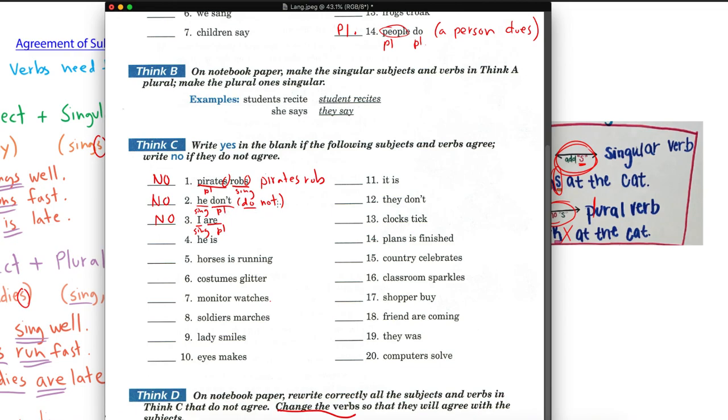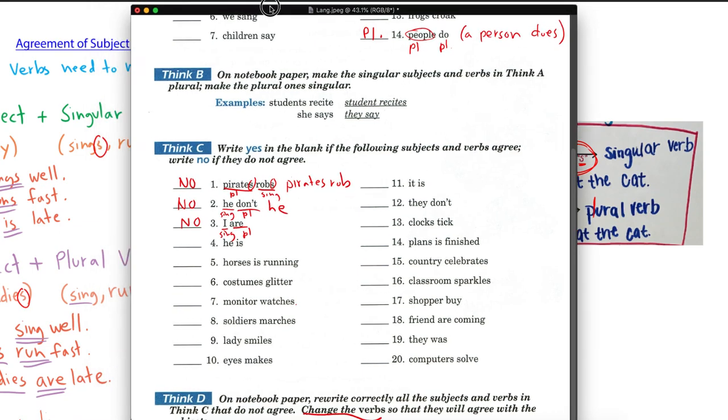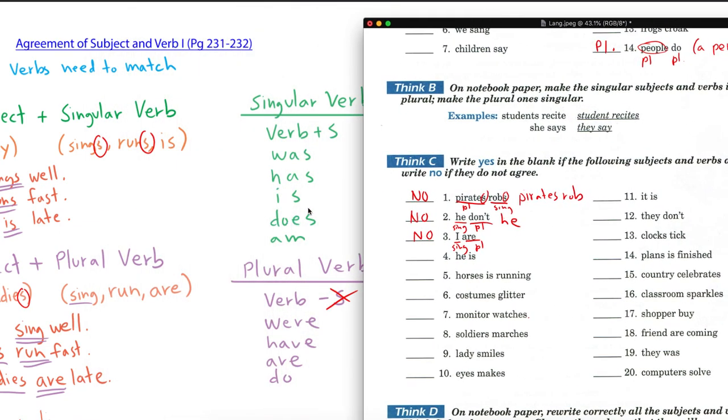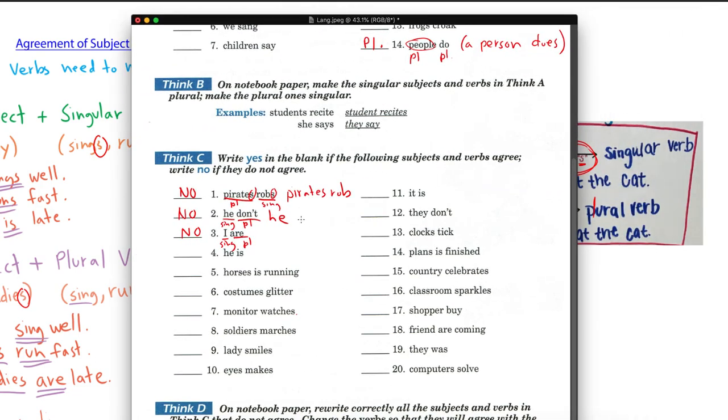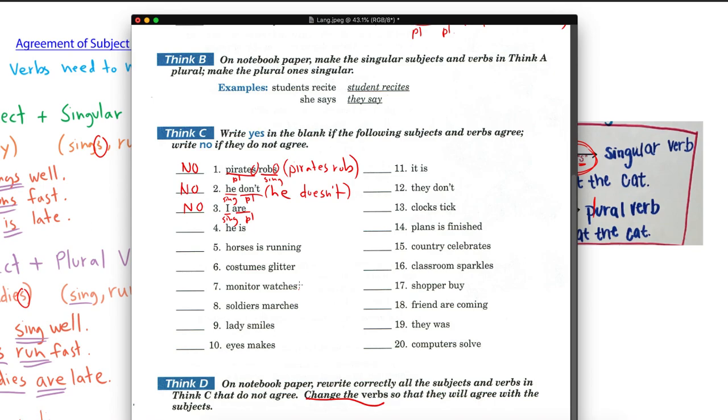Instead of saying "he don't," how can I change the verb "don't" to match a singular subject? What's the singular form of "do"? It's "does," right? So "he doesn't." Okay. Put them in parentheses.